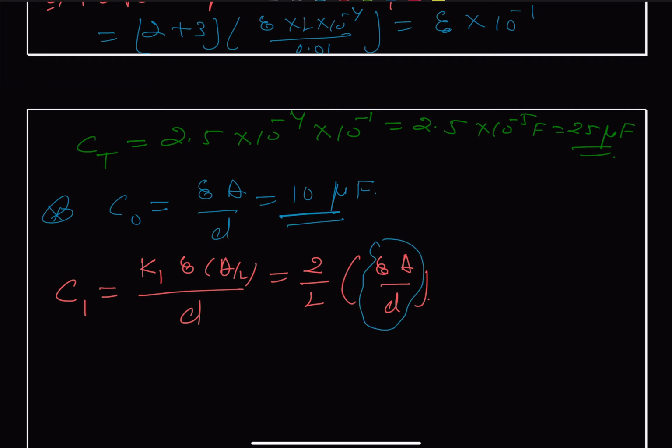The 2 cancels with the 2, so C1 is equal to 10 microfarad.